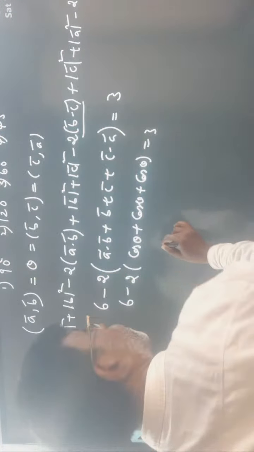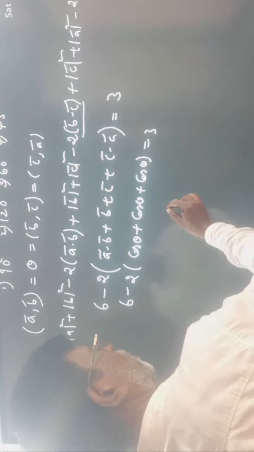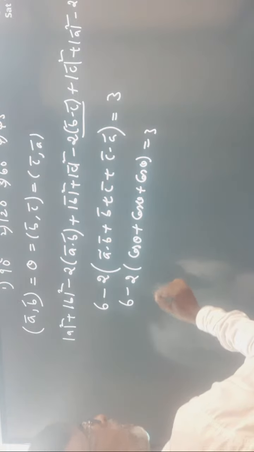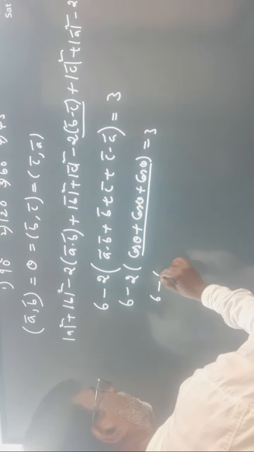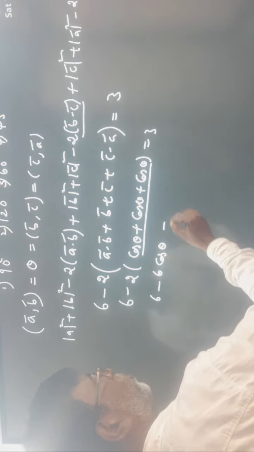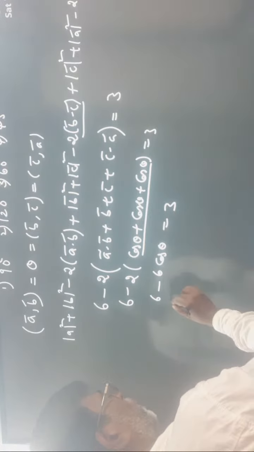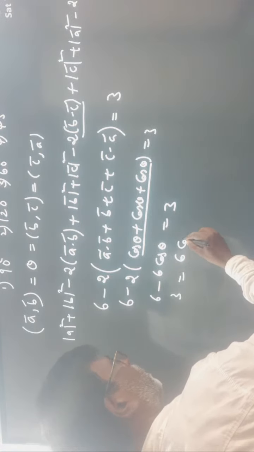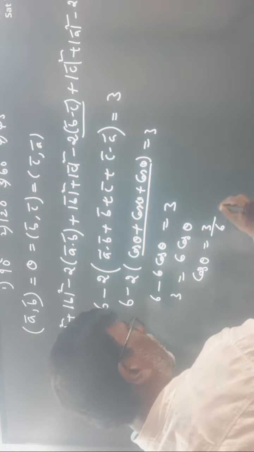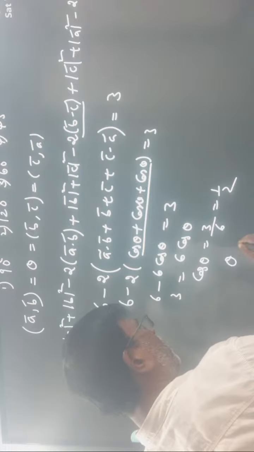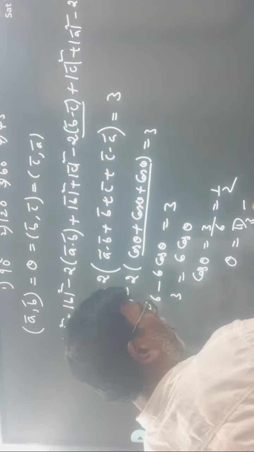So 6 minus, this is 3 cos theta. So 6 minus 6 cos theta equals 3. So that gives 3 equals 6 cos theta. So cos theta equals 3 by 6, which is 1 by 2. Theta is nothing but pi by 3 or 60 degrees.